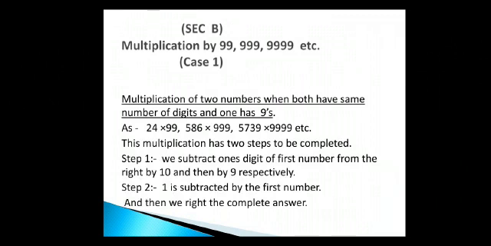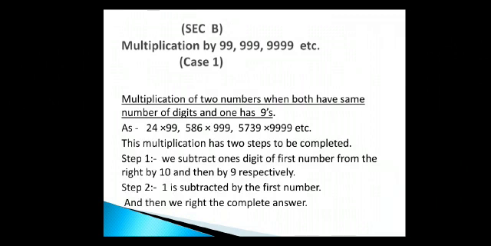multiplication by 99, 999, 9999, etc. means we have to multiply by a number which has only 9 as the digits.